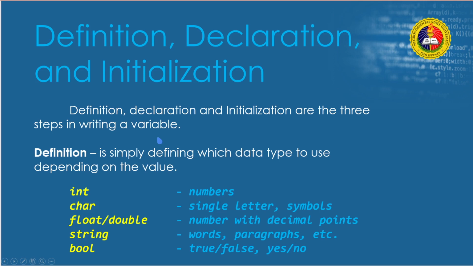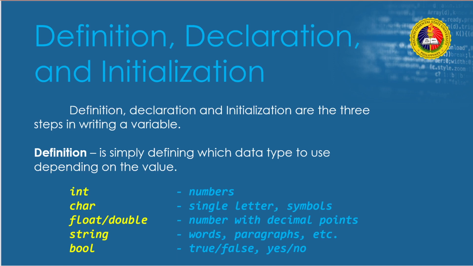Let's start with definition. Definition is simply defining which data type to use depending on the value. So the first thing we're going to do is identify what value we will use. For example, we're going to create a program that will list down the ages of all the students.